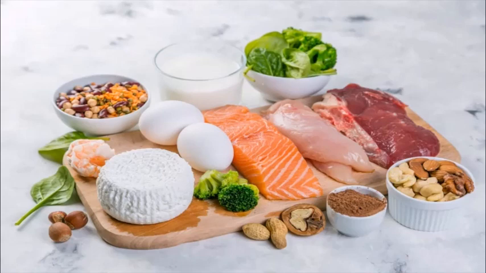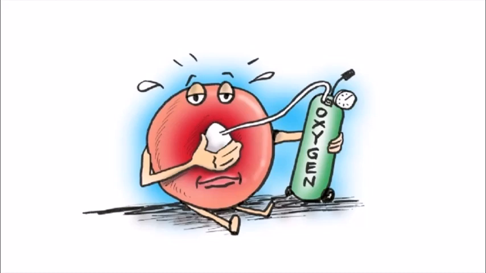We eat food to get energy in the form of carbohydrates, proteins and lipids, which then break down to produce energy. Along with food, we require oxygen also. So our body requires oxygen and foodstuff to produce energy.